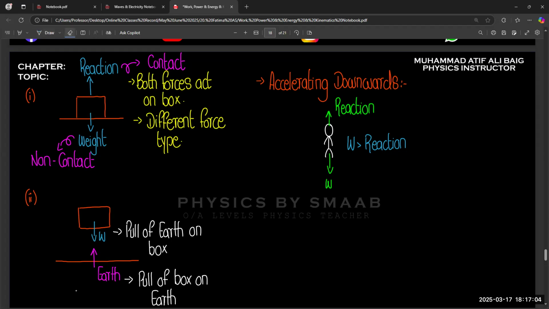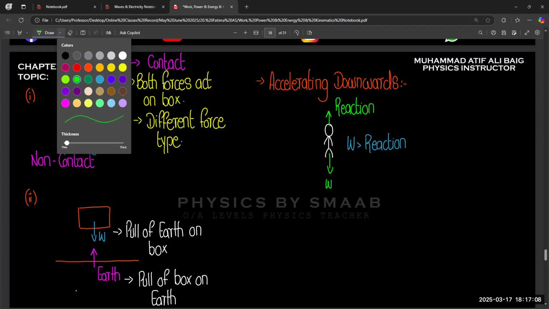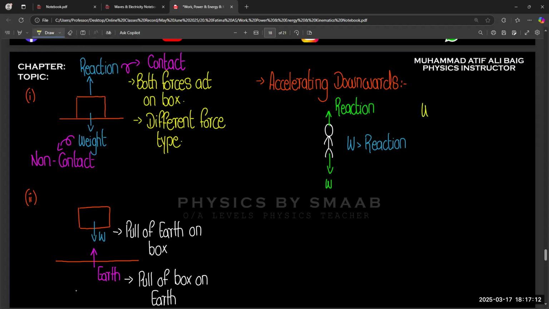The equation for this can be written as weight minus normal reaction is equal to ma, right?